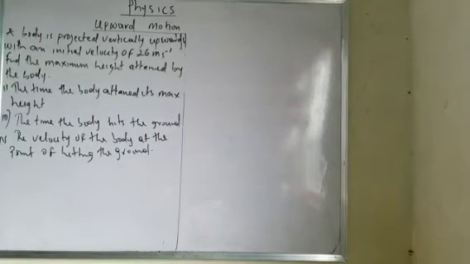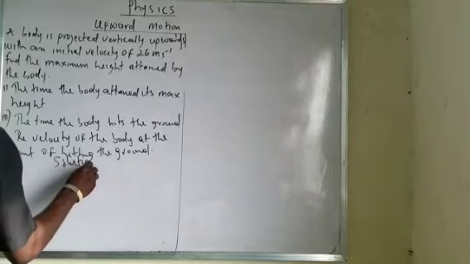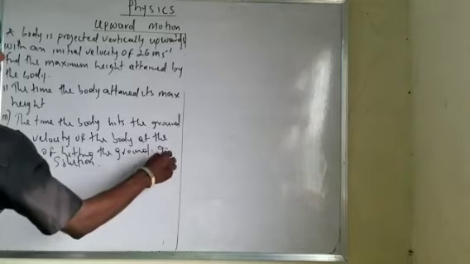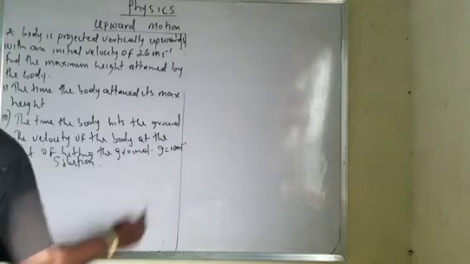Now, with this, I have the solution to this problem. The first thing we do is the first question: we are looking for the maximum height attained by the body. Now, our g is equal to 10 meters per second squared. Please take note of that.